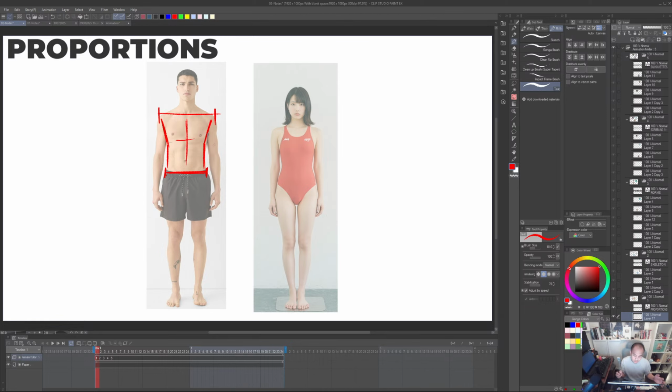And then the female is the opposite, right? Even though this model seems to have almost equal, or a little bit wider shoulder, you can see that the hips of the woman over here are wider than the men's when compared to their shoulder, right?